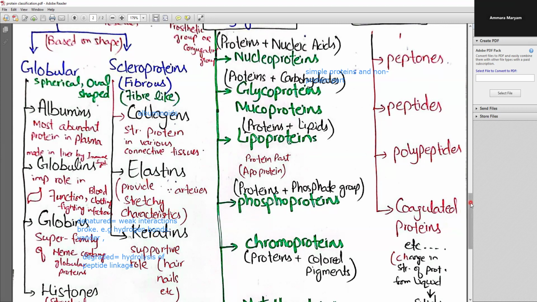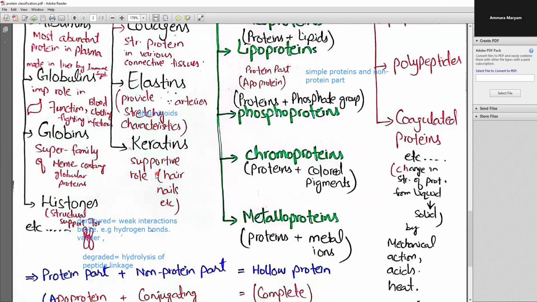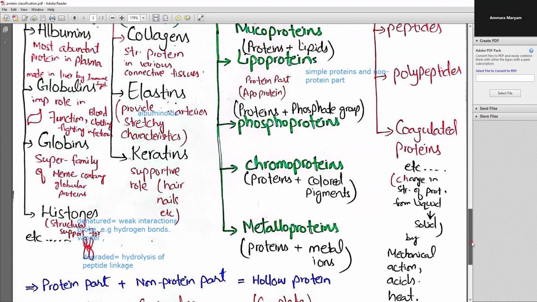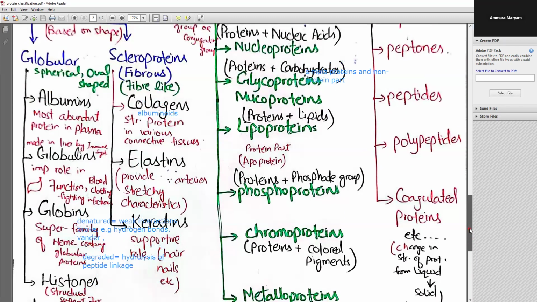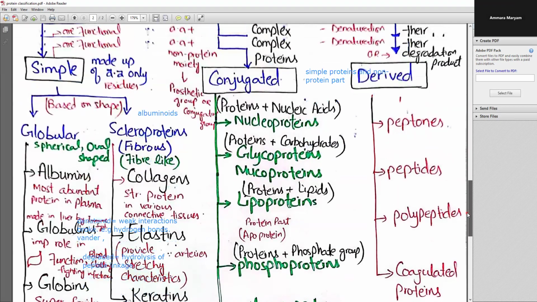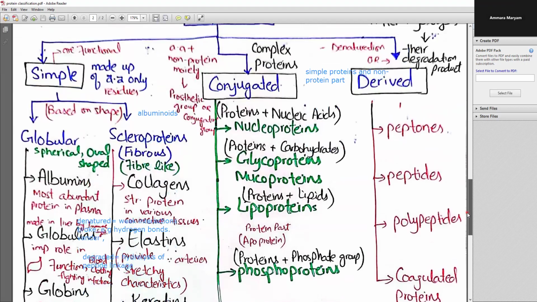And keratins provide structural support to the hair and nails. These are categorized under the fibrous proteins or scleroproteins, also called albuminoids.